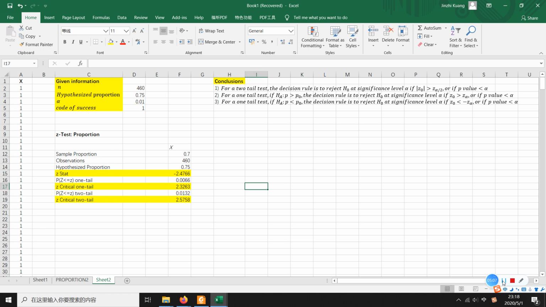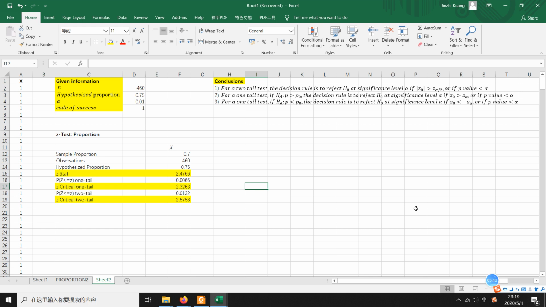And we'll use the second method, the p-value, to solve this problem. It is much easier than the first method, which is the critical value method. For the p-value method, as long as the p-value is smaller than the significance level alpha, then we draw the conclusion that H0 is rejected at alpha level of significance.